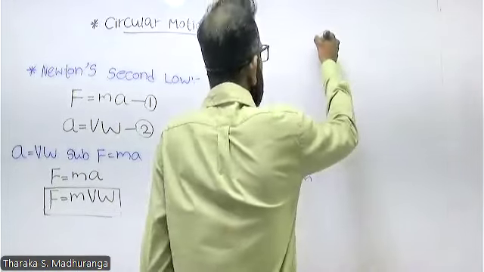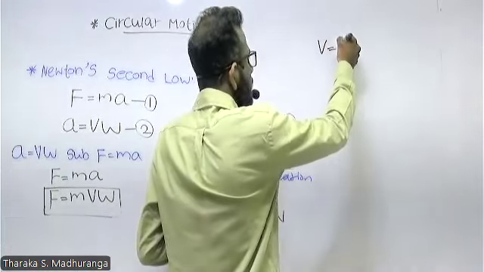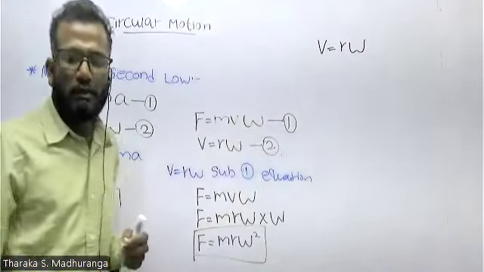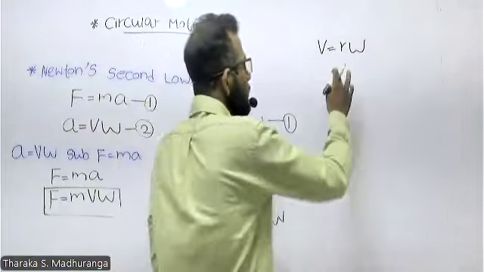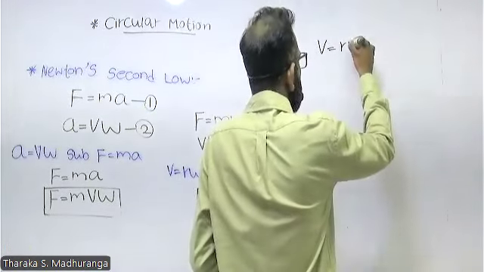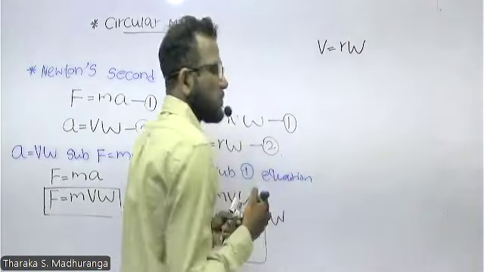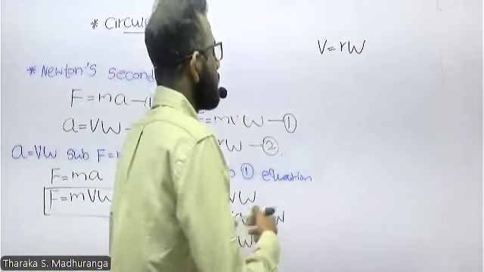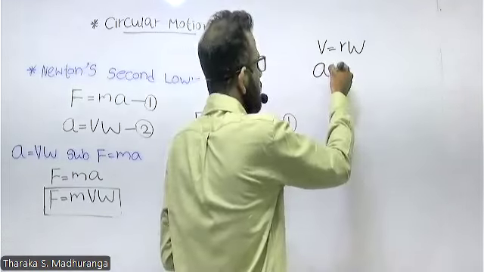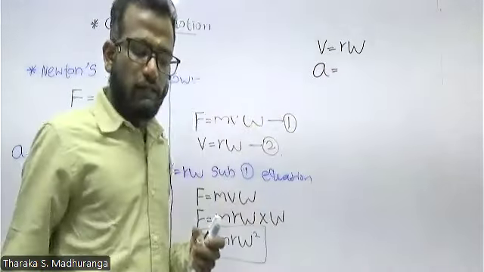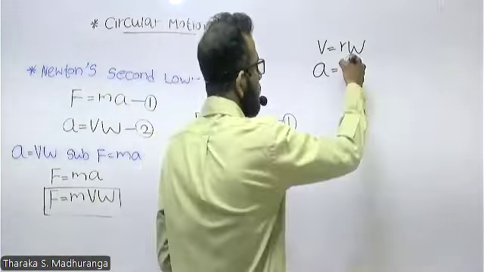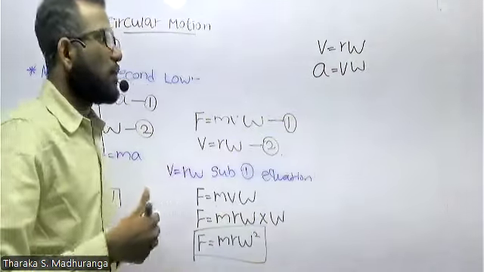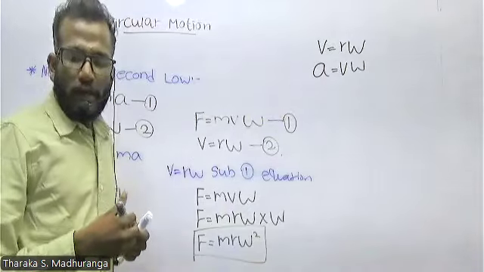You need to remember the v equal r omega equation. That is very important, we always have to use it. Then a equal v omega, that means centripetal acceleration, is also very important. v equal r omega, a equal v omega.